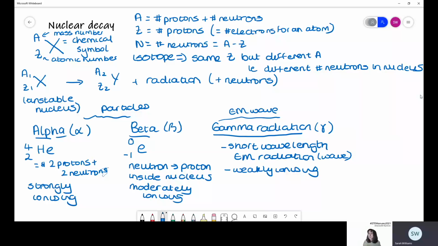Okay, so I think I've said what I want to say about alpha, beta, and gamma radiation now, but maybe just to bring it all together a bit, as I go across from alpha to gamma, we get more penetrating, but less ionizing.